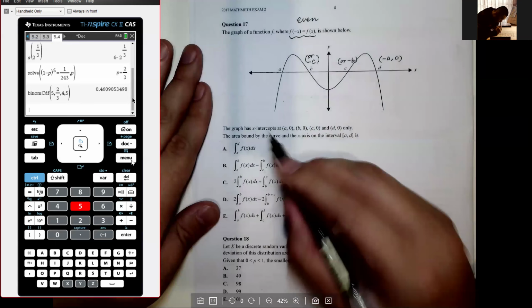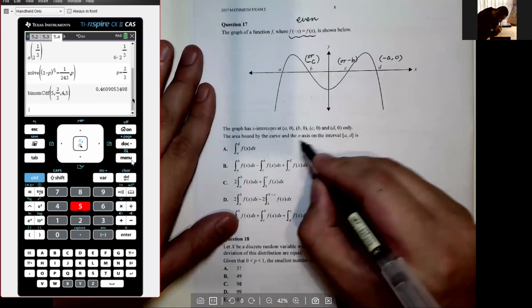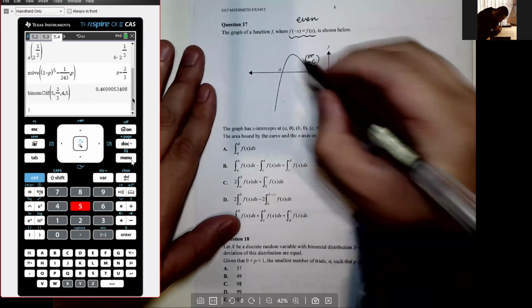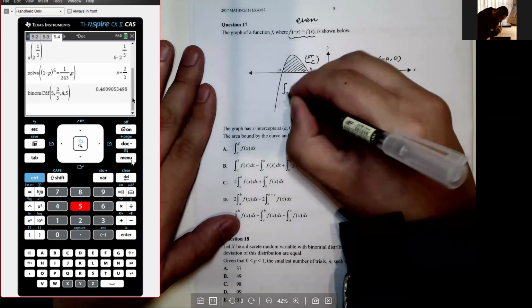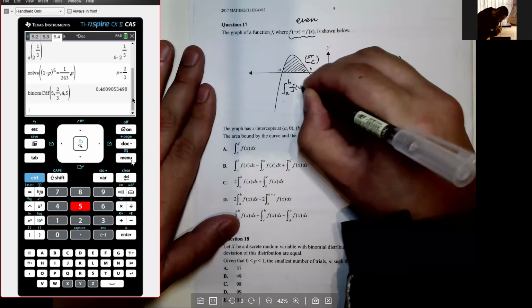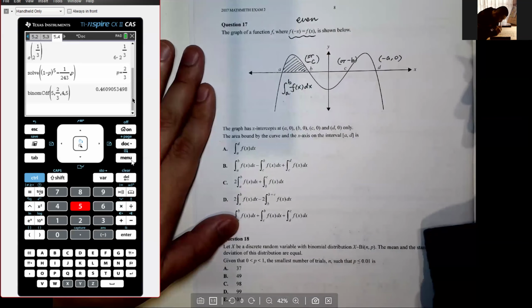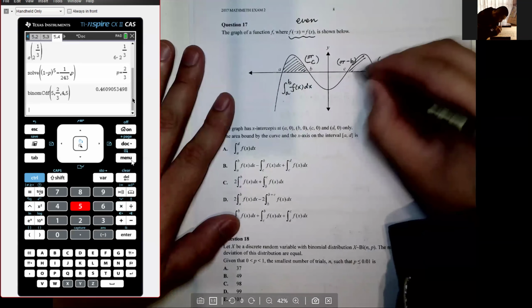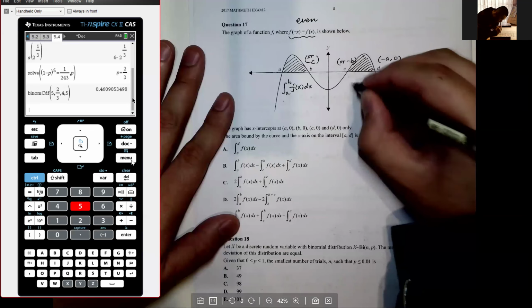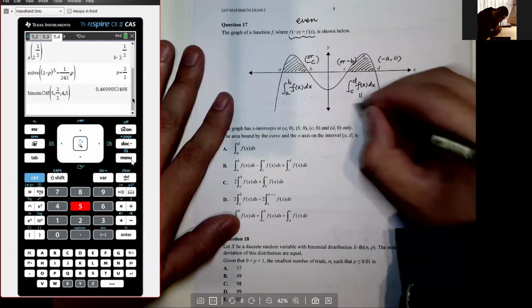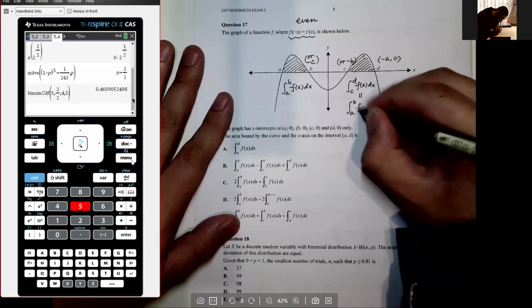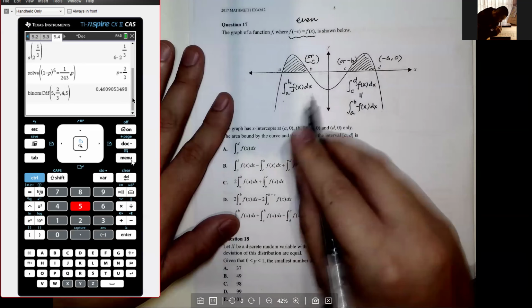We would like to find the area bounded by the curve and the x-axis on the interval a to d. So for example, you might want to express this chunk as the integral from a to b of f(x) dx. That's the area. And this bit, accordingly, is the integral from c to d of f(x) dx, but it's also equal to the integral from a to b of f(x) dx because of symmetry.